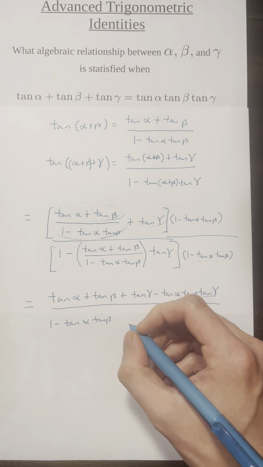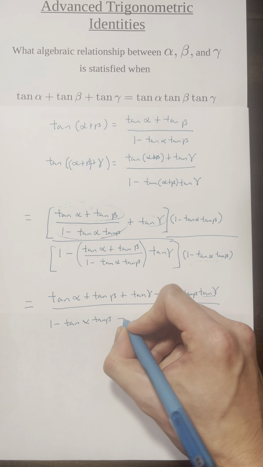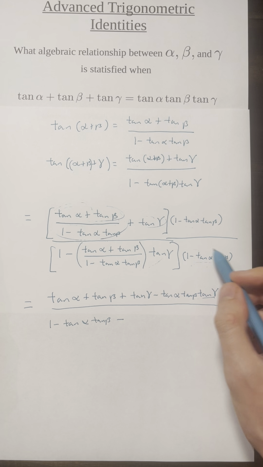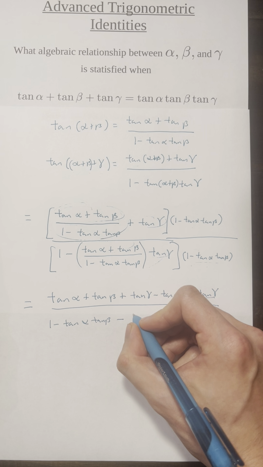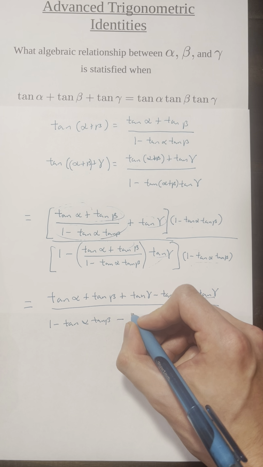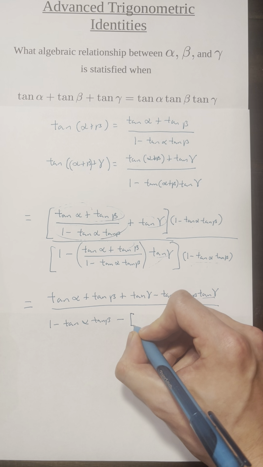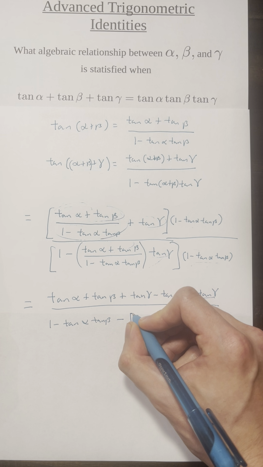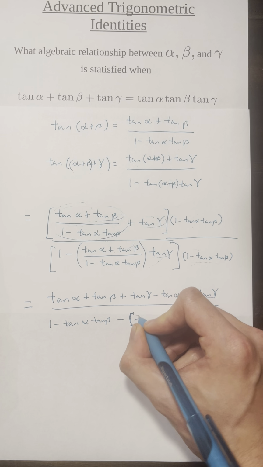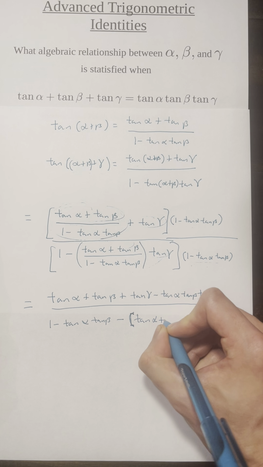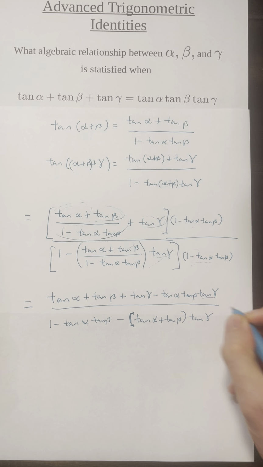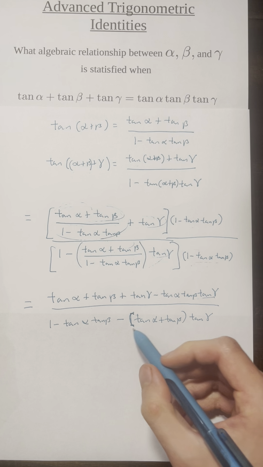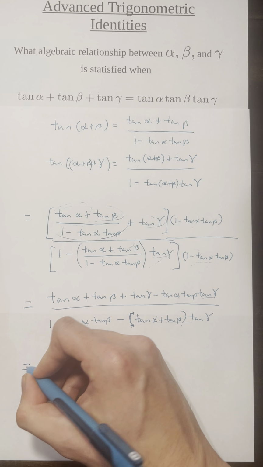Okay, and then minus this times this. So it's just going to be tangent alpha plus tangent beta times tangent gamma. Okay. And then we can get rid of the parentheses here.